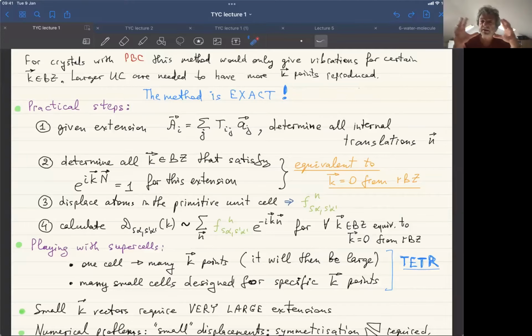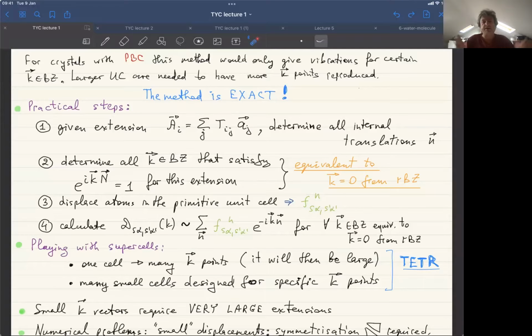You can then take unit cells of different shape and size. They will give you different k points. You can ignore k points which you already have, and only do displacements to determine k points which are new to this particular unit cell. And this can be done by taking very small extensions.